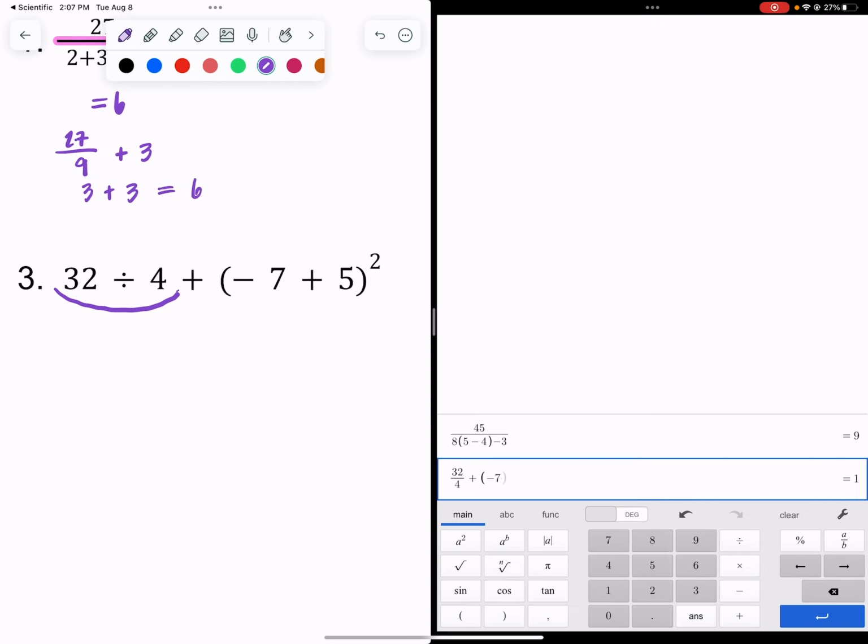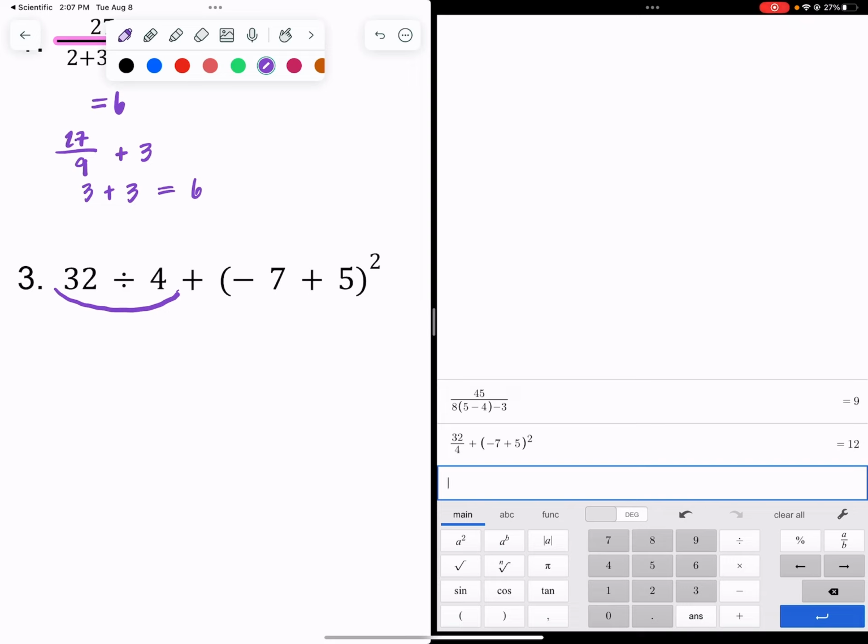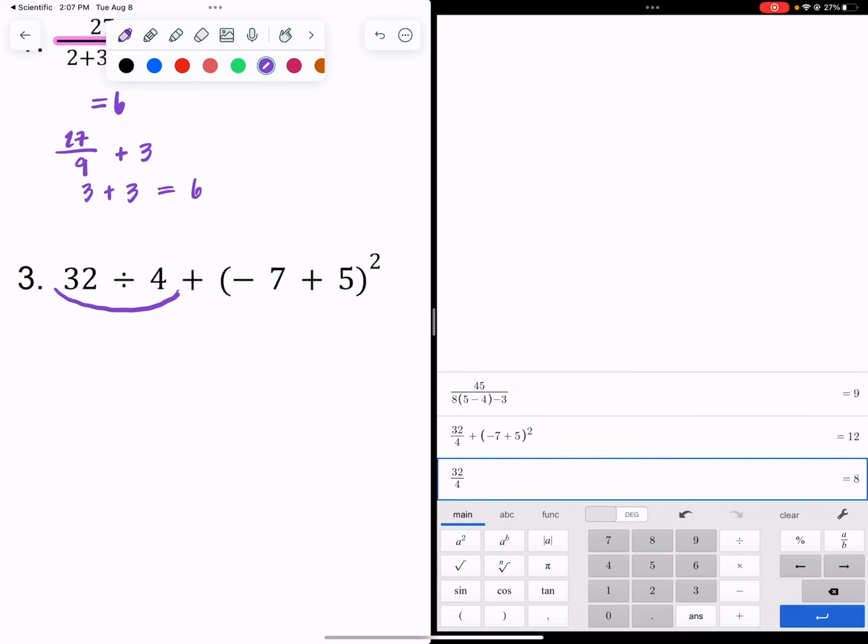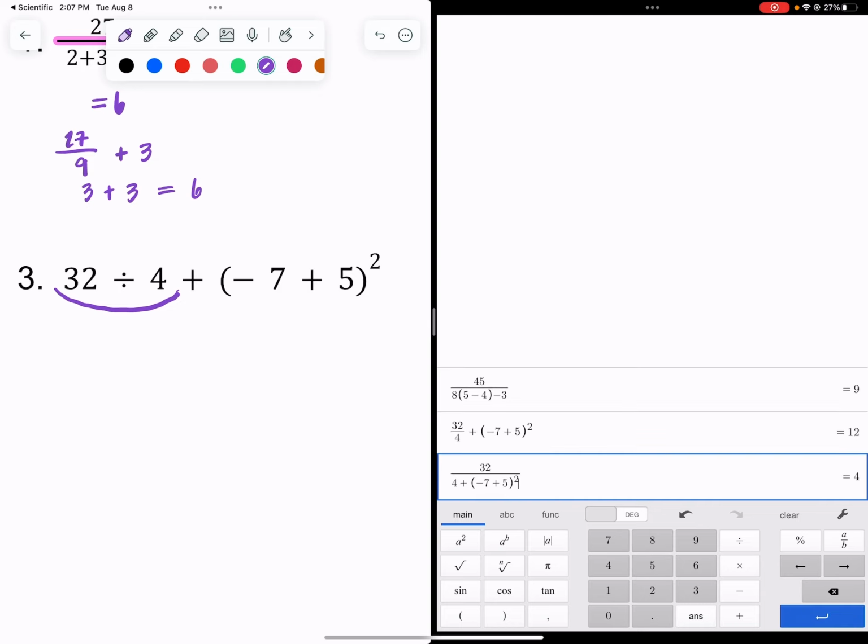That is super important, folks. If you had kept typing in the denominator, here's where you would end up. I do 32 divided by 4 plus -7 plus 5 squared.